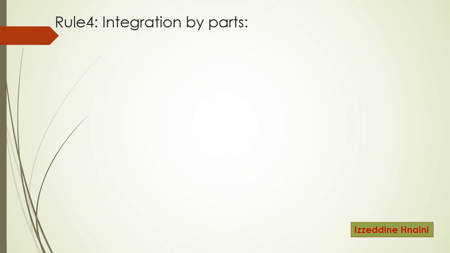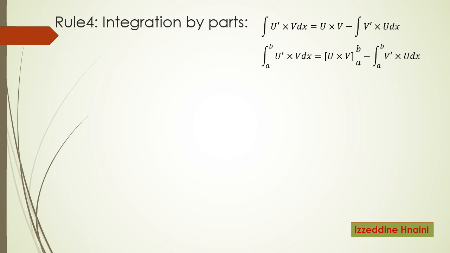Rule number 4, integration by parts. We took integration by parts upon integrating some functions with them. Remember that the rule is the antiderivative of u'v equals uv minus the antiderivative of v'u.